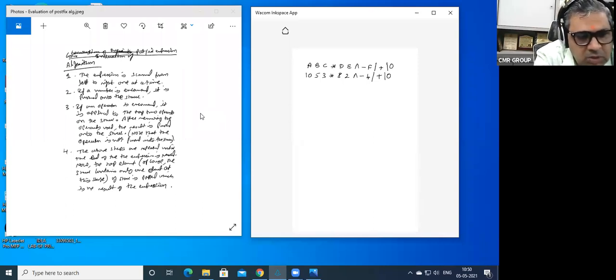What is going to substitute? Actually the compiler substitutes it. After substituting the values of all these variables, A, B, C, D, E, F are all variables, that is, operands, and then the operators also. Let us see how it works.